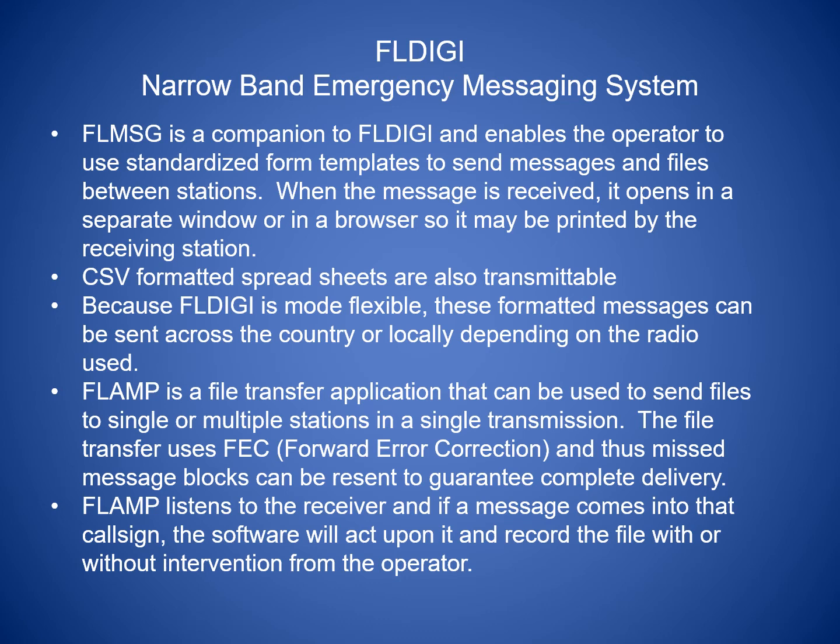It uses forward error correction. That means that if a message block is missed because of noise on the signal or something like that, the software recognizes the missing block, since it's sequential, and can request the sending station resend that block so that you have a guaranteed complete message.